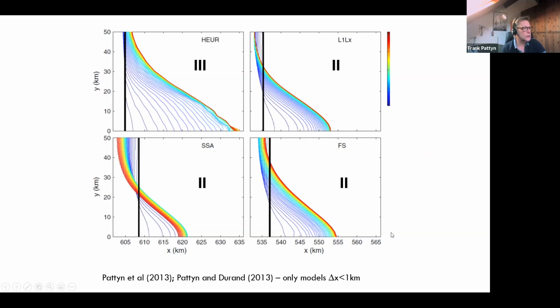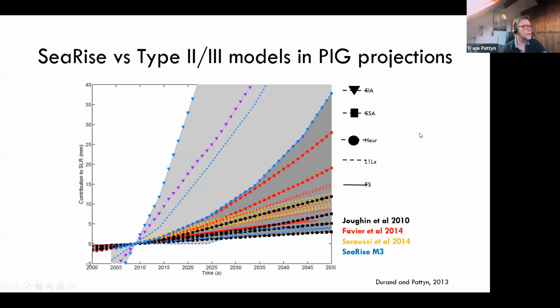But this was only done, as I said, for models that have either the sufficient high resolution or that use this heuristic. But if you apply that on, for instance, at that time, a number of projections that were made on loss of ice in Pine Island Glacier here to 2050, and that was done during the sea rise experiments, and that was done by several other people, by Ian Joughin, Lionel Favier, and Hélène Seroussi as well.